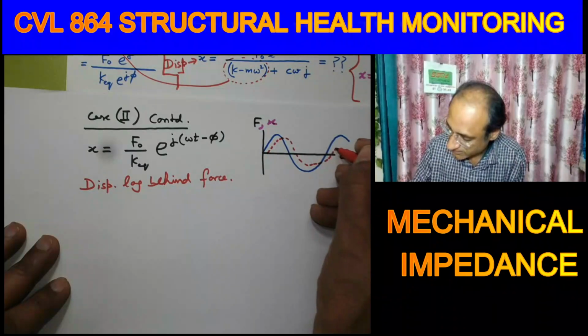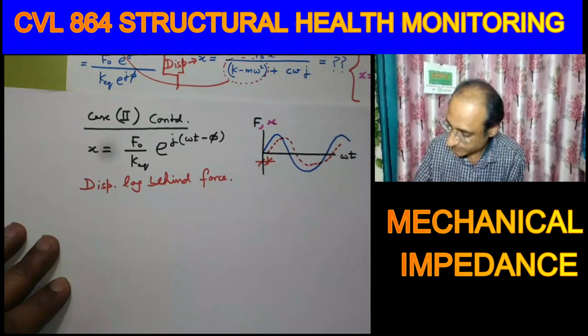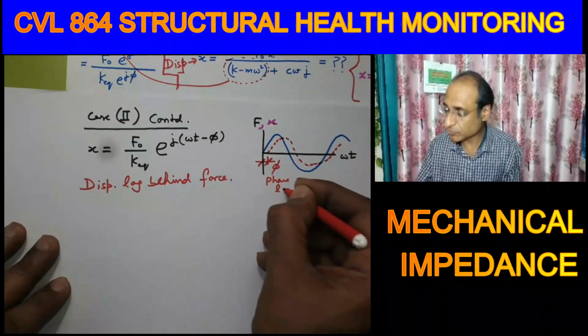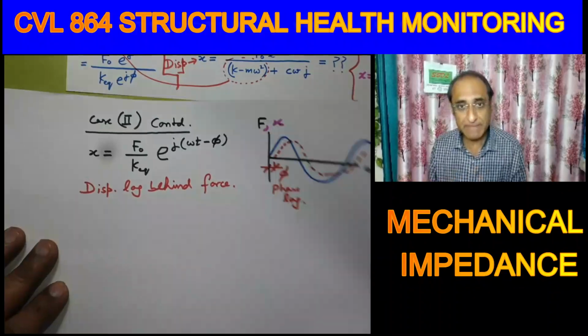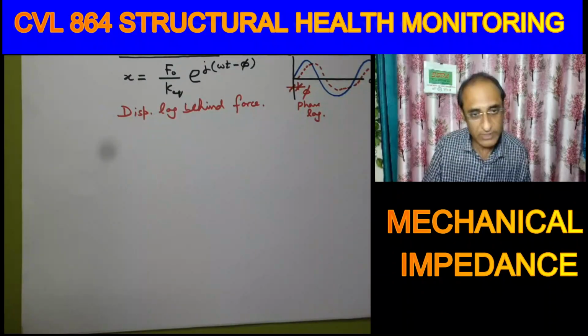So what is this? This is the phase lag. So the conclusion is that because of damping only we have the phase lag. If damping is not there, then we will not have any phase lag.